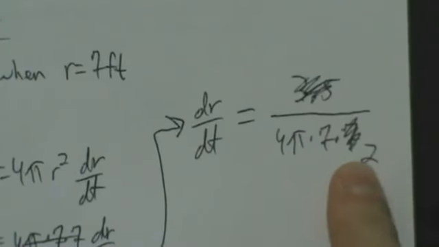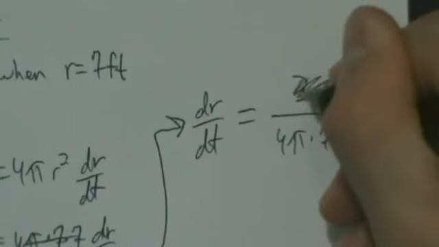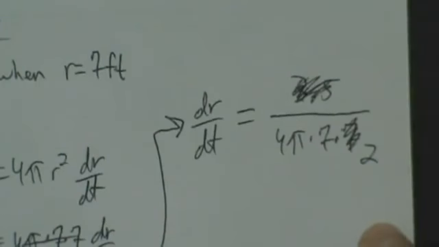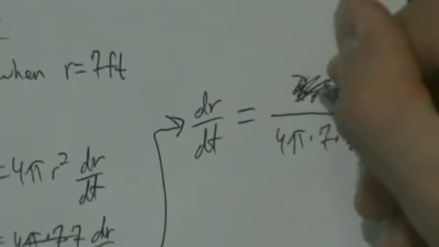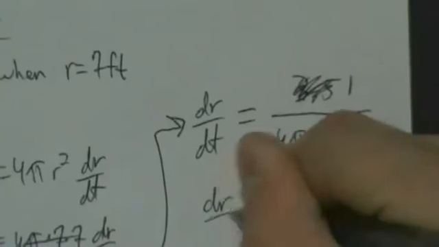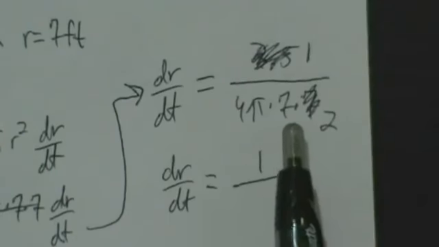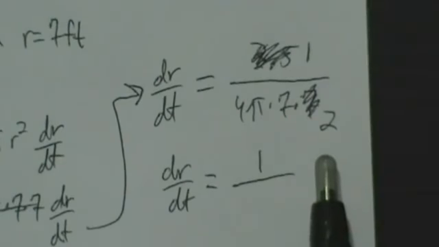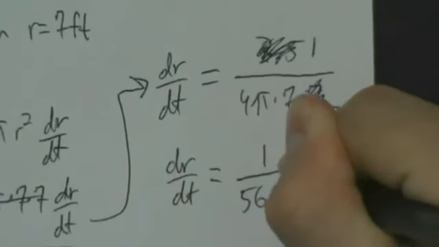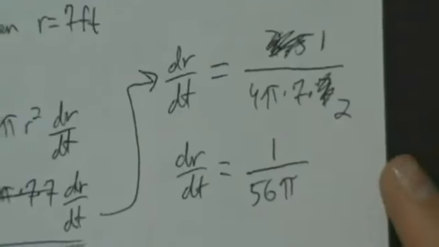So that's why I left these 7s separate, but you didn't really have to do that, because if you have a calculator handy, you could just simplify it anyway. So anyway, now we have a 1 on top, so dr/dt equals 1 over 4 pi times 7 times 2, so that's going to be 56 pi. All right, 1 over 56 pi.